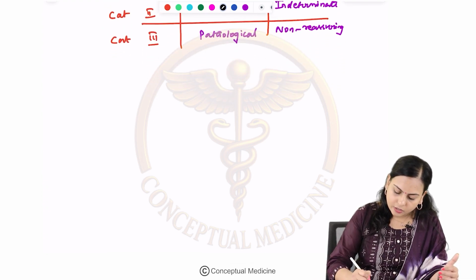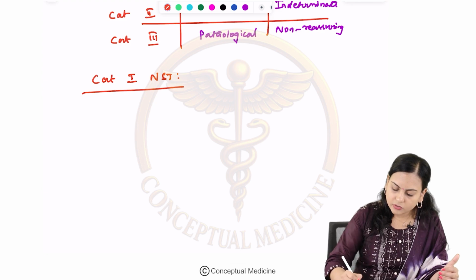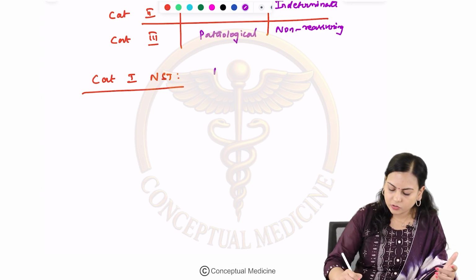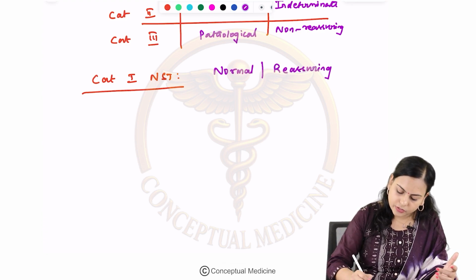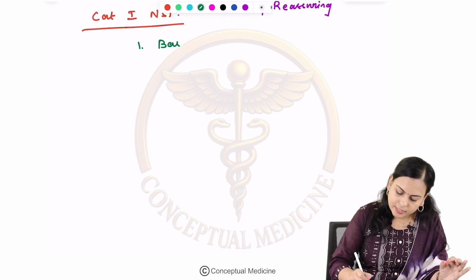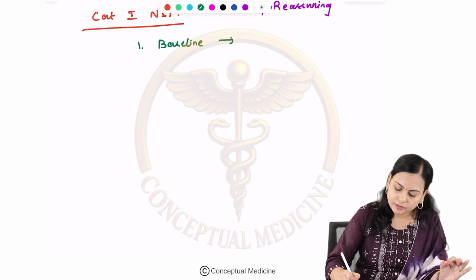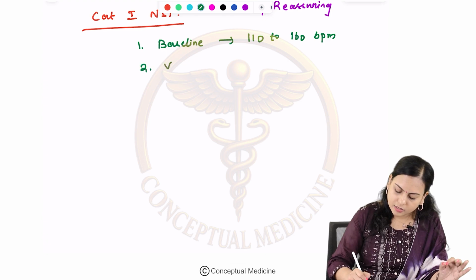Right. Now, we will see category 1 NST features. So, category 1 NST is normal or, yes, reassuring NST. So, we will see what are the features now. First feature, I said it is normal. So, baseline will be between 110 to 160 beats per minute. And what is the next feature we discussed?